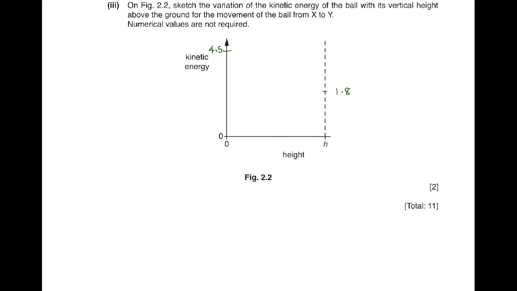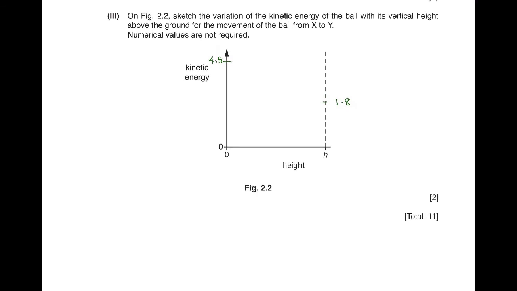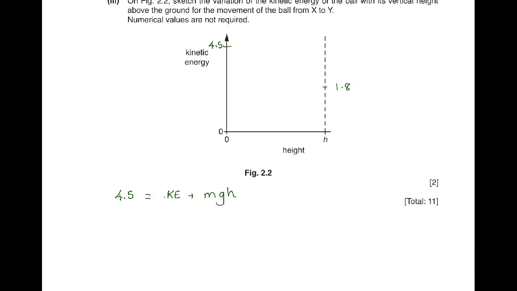So what I'm going to do is repeat the equation we had just above there, which said that 4.5 joules is turned into kinetic energy plus mgh. And I'm going to rearrange this equation to make it look like this.